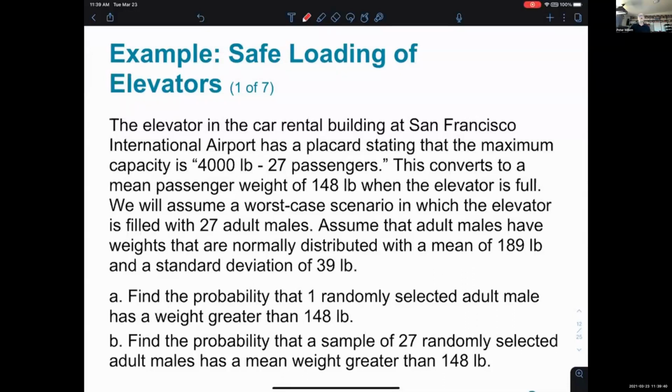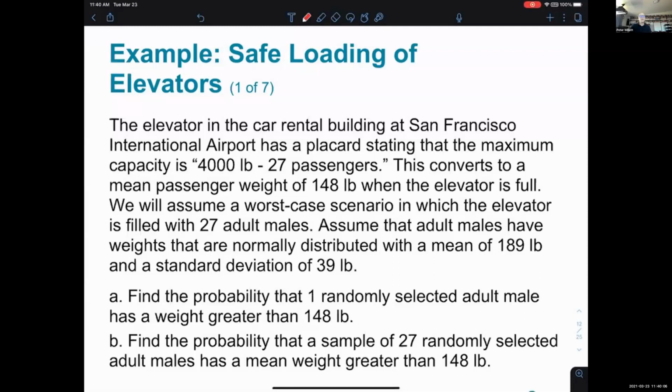The elevator in a car rental building at San Francisco International Airport has a placard stating that the maximum capacity is 4,000 pounds or 27 passengers. This converts to a mean passenger weight of 148 pounds when the elevator is full.